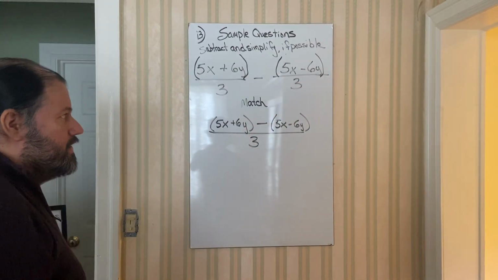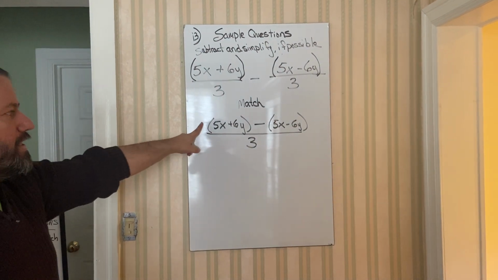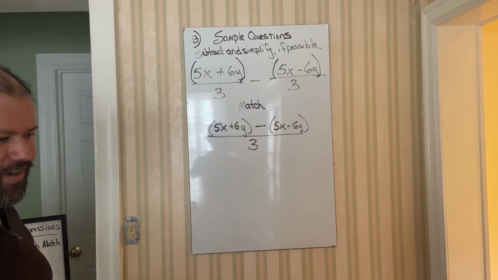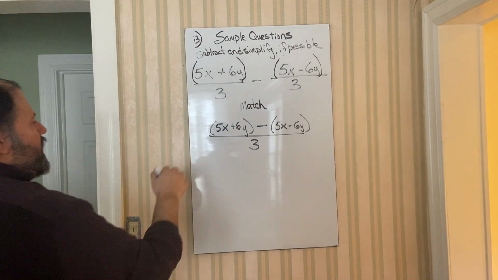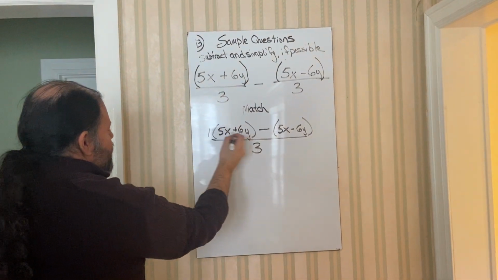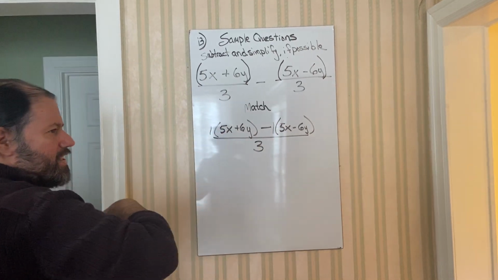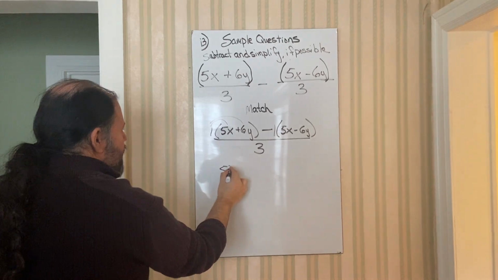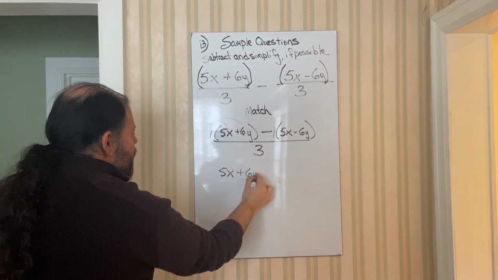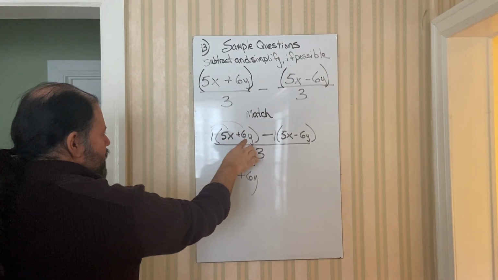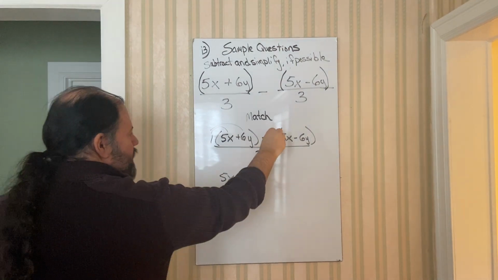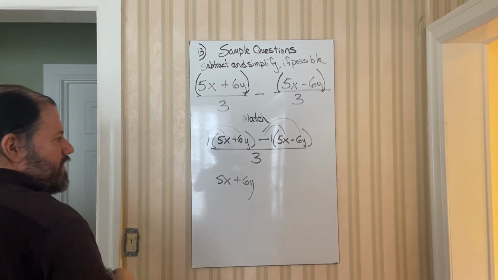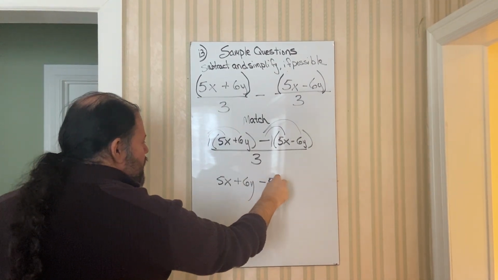Now that you have this, we need to get rid of the parentheses, and it's not as easy as dropping off the parentheses. To remove parentheses, you have to distribute. Remember, you slip in those invisible ones. So when you distribute, you're going to get 5x plus 6y. Remember, 1 times 5x is 5x. 1 times 6y is 6y. But here, notice, negative 1 times positive 5x is negative 5x.